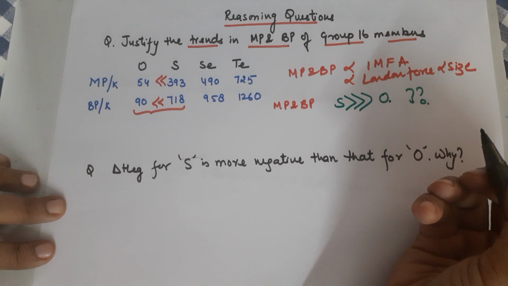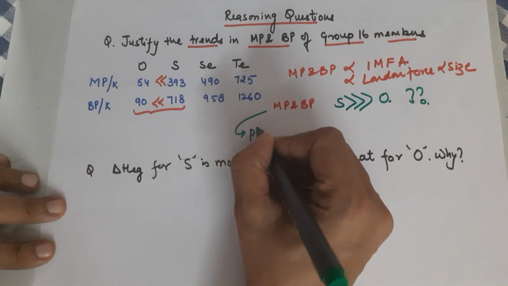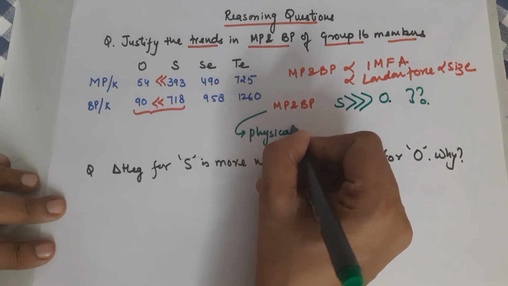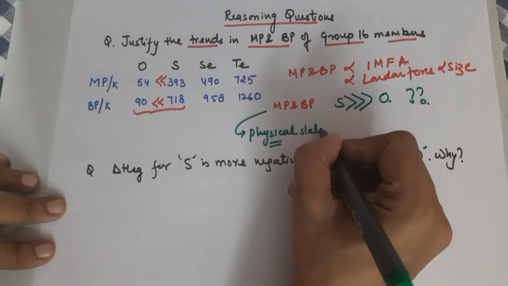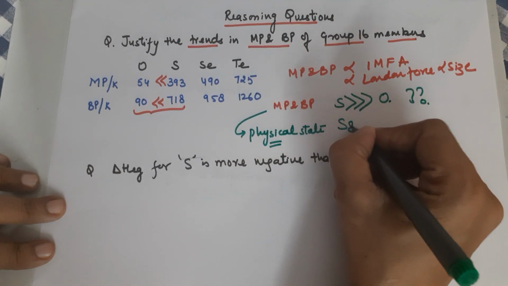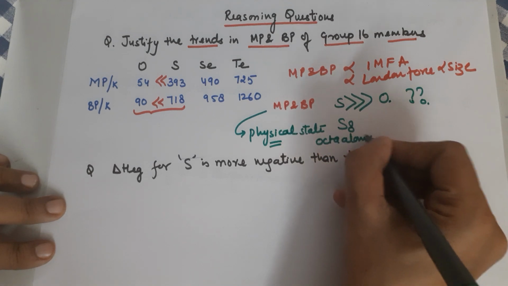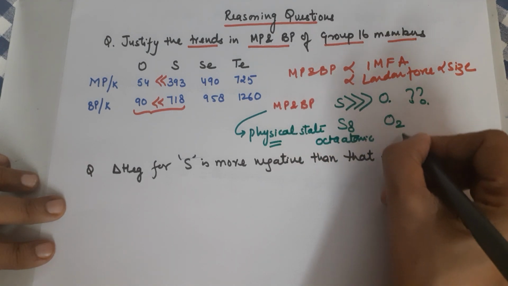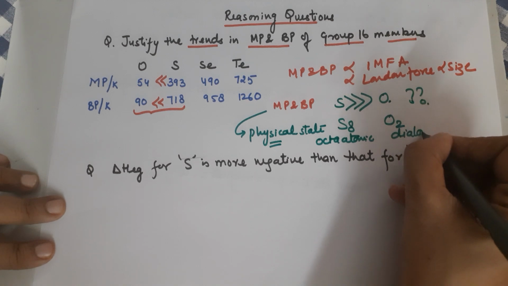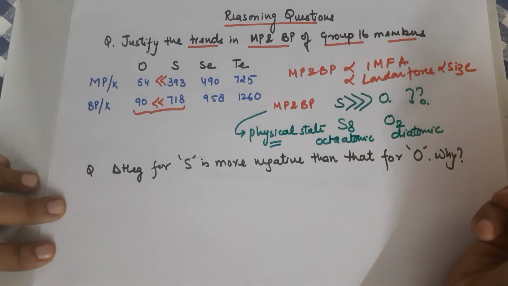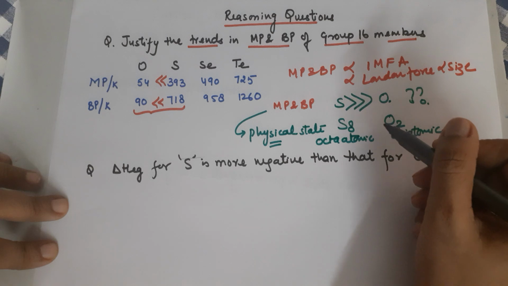And the reason resides in the physical state of these two elements. Sulfur is S8, that is, it is octaatomic, while oxygen is diatomic. That is the main reason why the physical state is different.